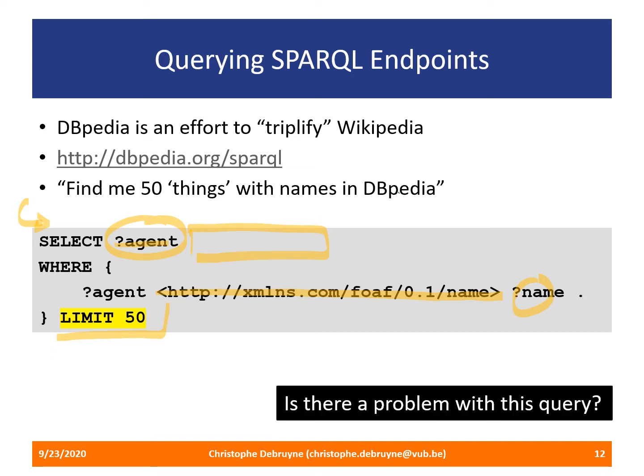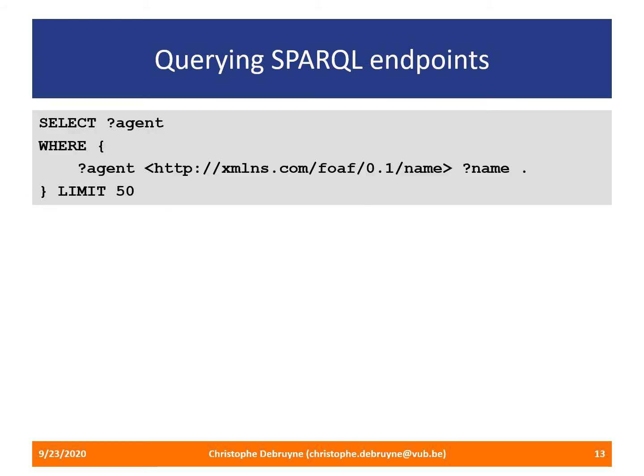But something is wrong. You might think that it will return 50 distinct things. However, if an agent has more than one name, it may happen that that agent will appear multiple times in the result set. And this is what you can notice here.